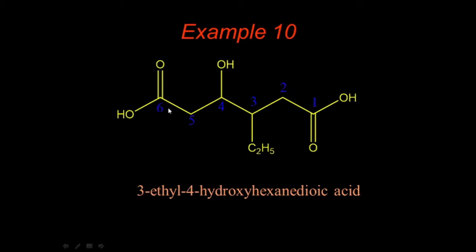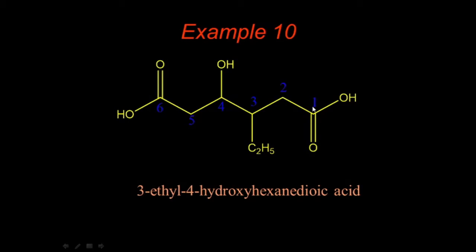Also, this compound has two groups attached to the main chain, one functional group, a hydroxy group, and one side group, an ethyl group. We have to list their names according to the English alphabet. As letter E is close to letter A, so ethyl will be first, followed by hydroxy group.